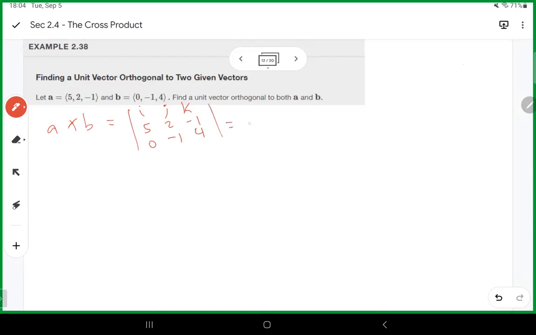And then we pull our pieces out. So we'll have 2, negative 1, 4, i, minus 5, 0, negative 1, 4, j, plus 5, 0, 2, negative 1, k. And then go through and work that out. We have 8 minus 1.